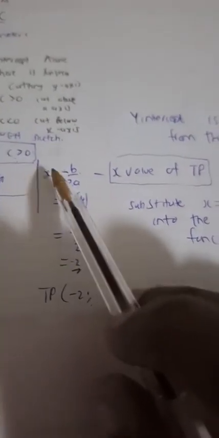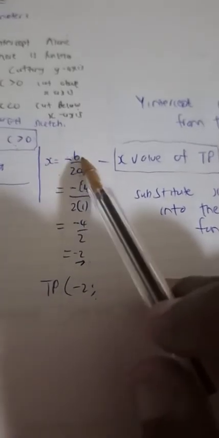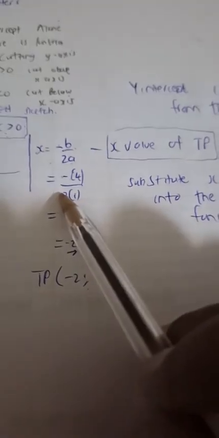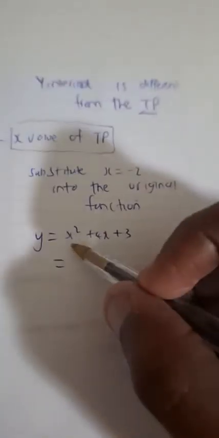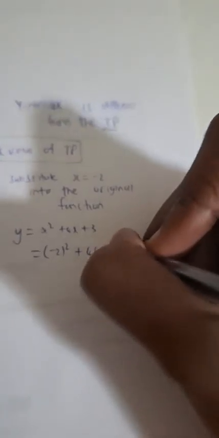So if we take now this x value of the turning point, which we got by using the formula x is equal to minus b over 2a, and this is a very important formula that you need to know for now and forevermore, you substitute it into the original function. So y is equal to x² plus 4x plus 3. Let's substitute the negative 2 in the place of x. Negative 2 squared, plus 4 into negative 2, plus 3.